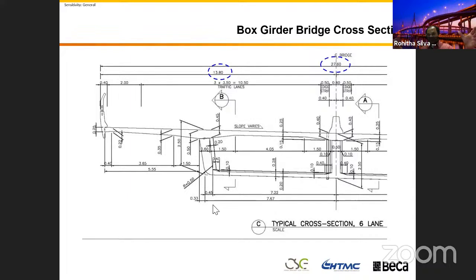It's significantly large. You can imagine the width: the web to web width is 16 meters, because this is a half section I put. If you get to the outer end, 16 meters is equal to a 4-lane bridge. Yeah.